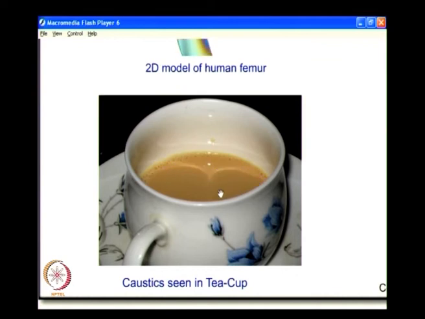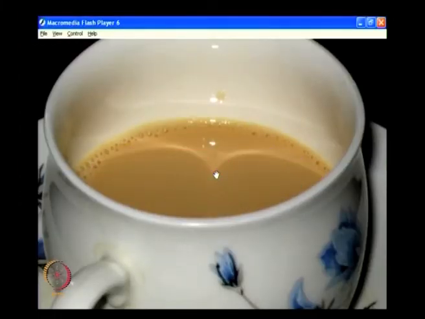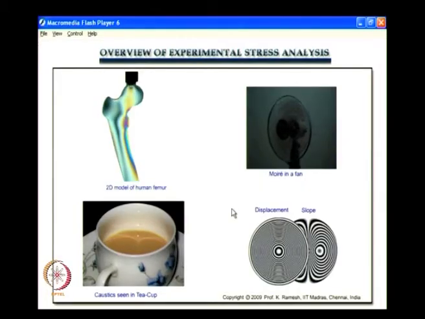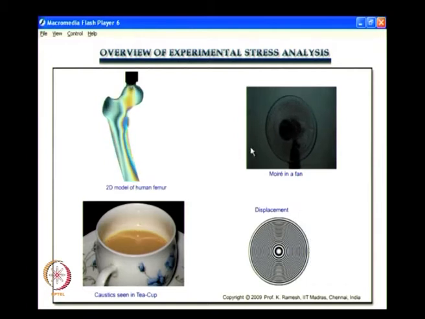This can be seen on any shallow filled container with appropriate lighting, and this phenomenon is called caustics. This physical information is exploited in a technique called the method of caustics, which is used for measurement of high stress concentration. How it is done, we will see as part of the course.